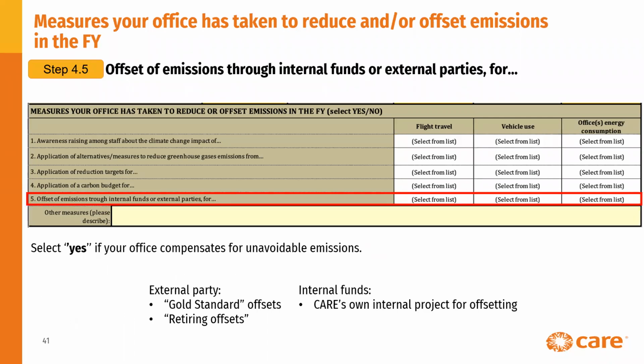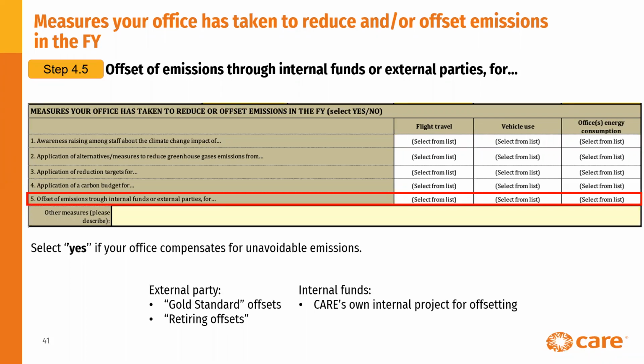Then we have 4.5. Here we look into the offset of emissions through internal funds or external parties for each category. Here you may select yes if your office compensates for the unavoidable or residual emissions. Of course, even though reducing emissions is the best way to limit our carbon footprint, it is important to take responsibility for the emissions CARE offices produce.